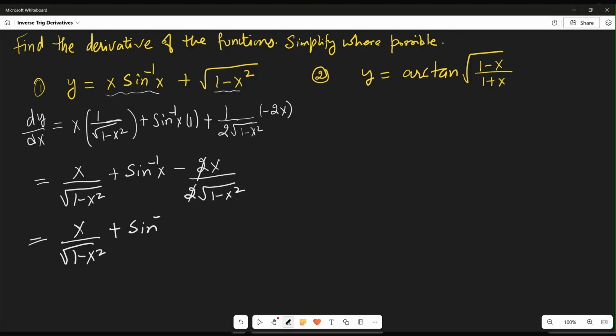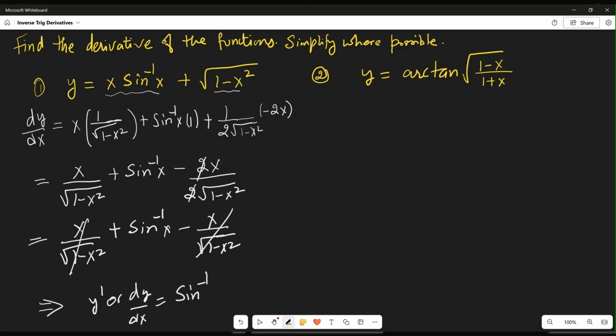I'm like, what is happening? Similar terms, positive negative cancels out, so we have the derivative of this function, or dy over dx, simply is equal to sine inverse of x.